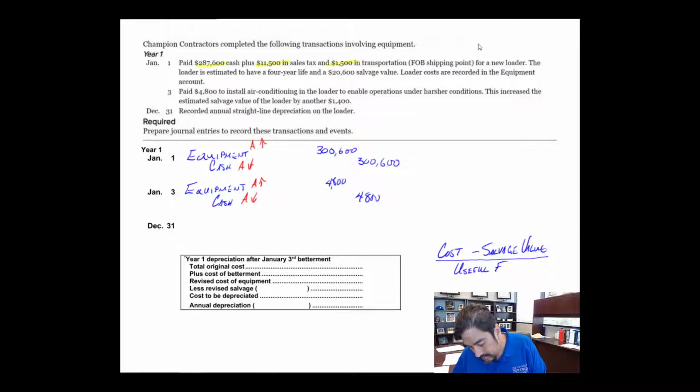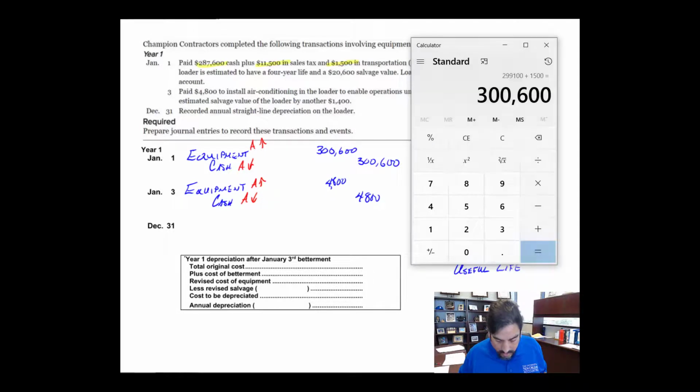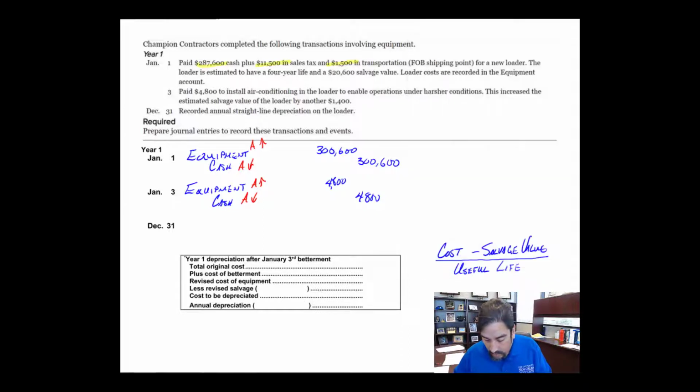So cost is going to be the acquisition cost on the first, and also that improvement cost on the third. So it's $300,600 plus the $4,800, so $305,400.